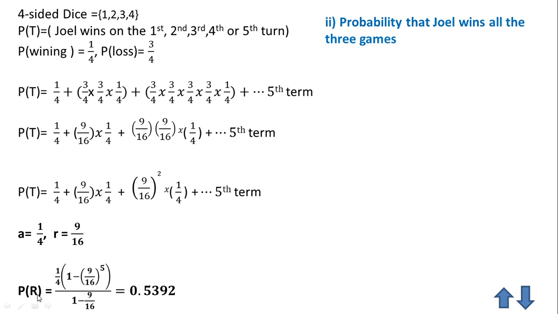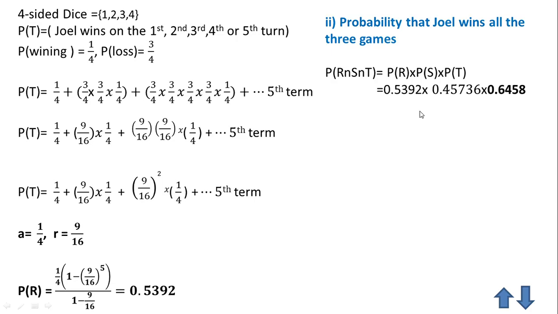Now the probability that Joel wins all the 3 games, can win game R, game S, game T. We get the intersections.